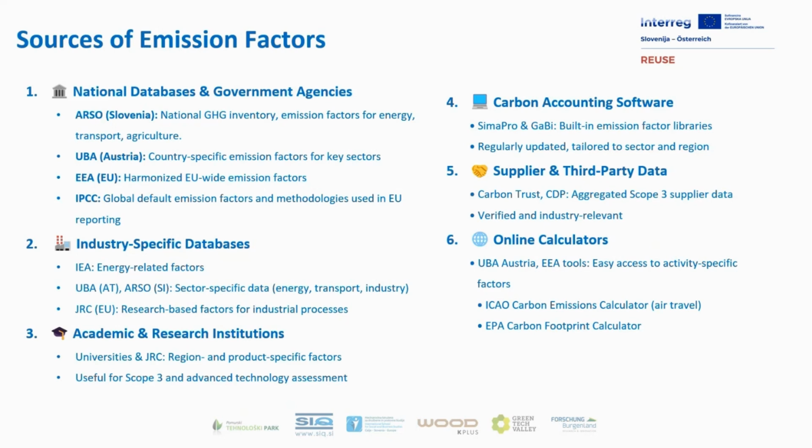For Slovenia, the Environmental Agency of the Republic of Slovenia publishes national greenhouse gas inventories and country-specific emission factors. And Austria has the Federal Environment Agency, which provides emission factors tailored to Austria's specific energy mix and economic activities.